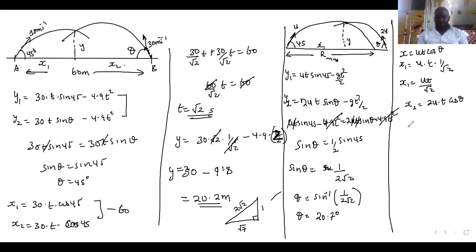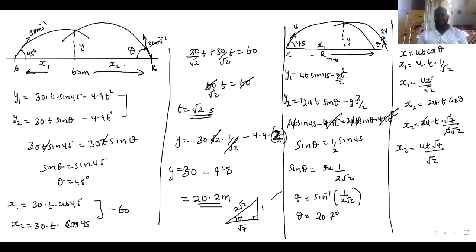So we shall have cos theta is equal to root 7 over 2 root 2. X2 will be 2U times T times root of 7 out of 2 root of 2. And lose this 2, then X2 can be UT root of 7 divided by root 2.